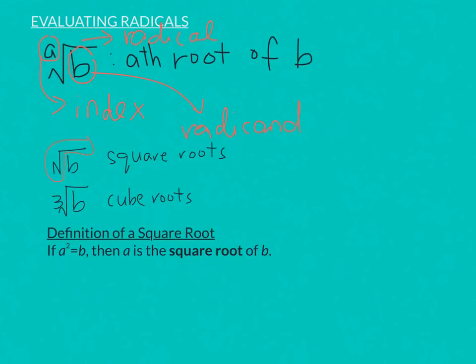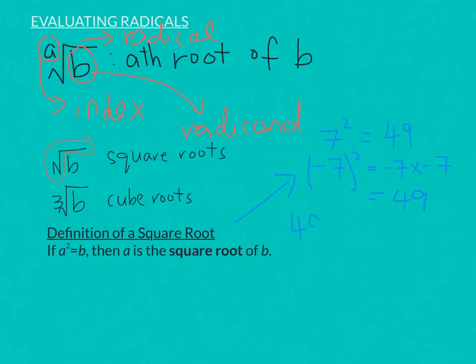If a squared equals b, then a is the square root of b. This is because, for example, 7 squared is 7 times 7, which gives you 49. And negative 7 squared is negative 7 times negative 7, which equals 49.